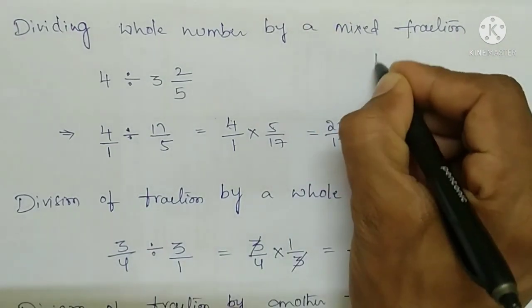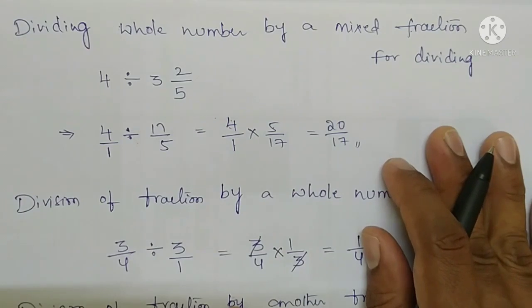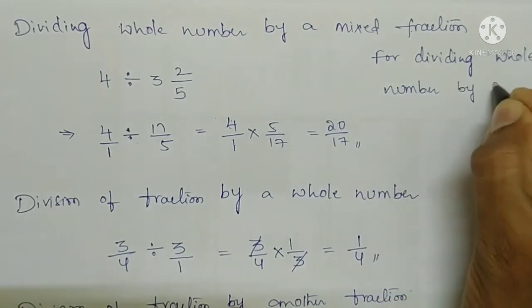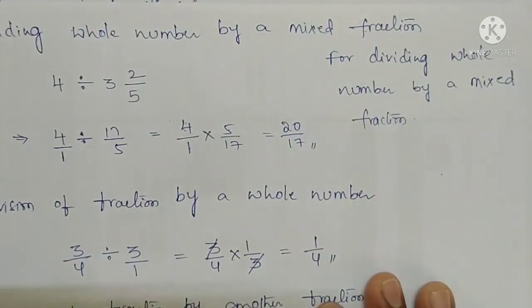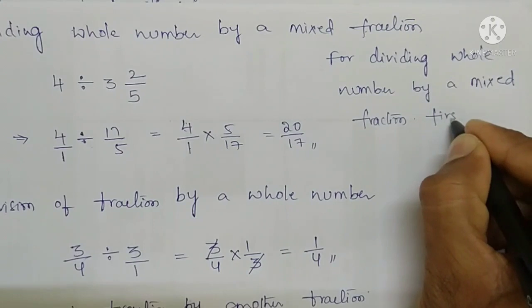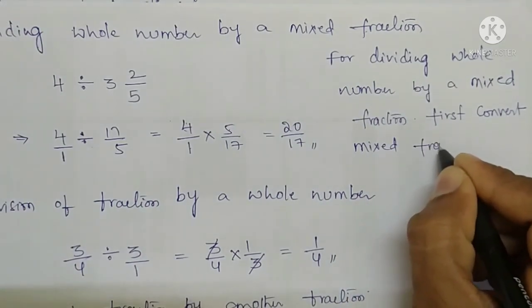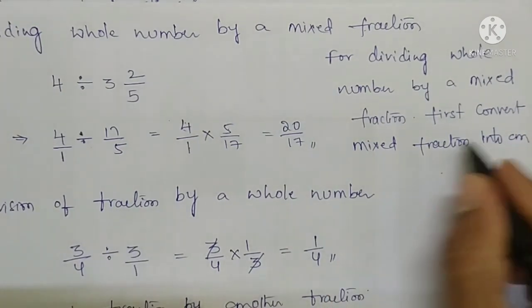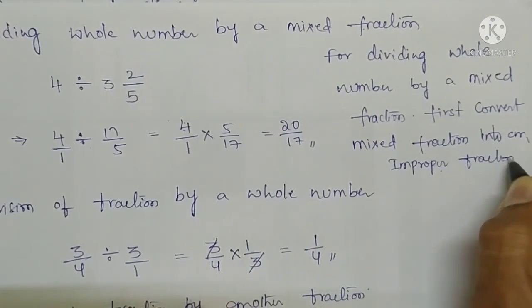For dividing a whole number by a mixed fraction, first convert the mixed fraction into an improper fraction, then solve it.